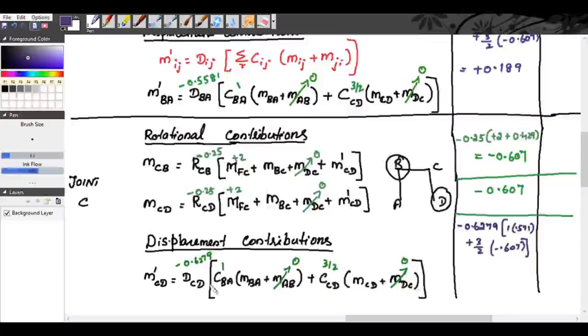So, we get M dash of CD for the first iteration. M dash of CD is equal to plus 0.213.